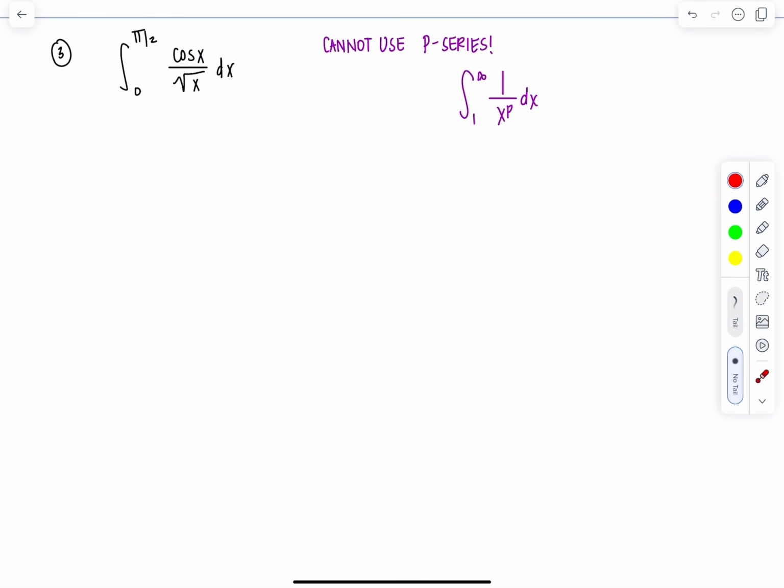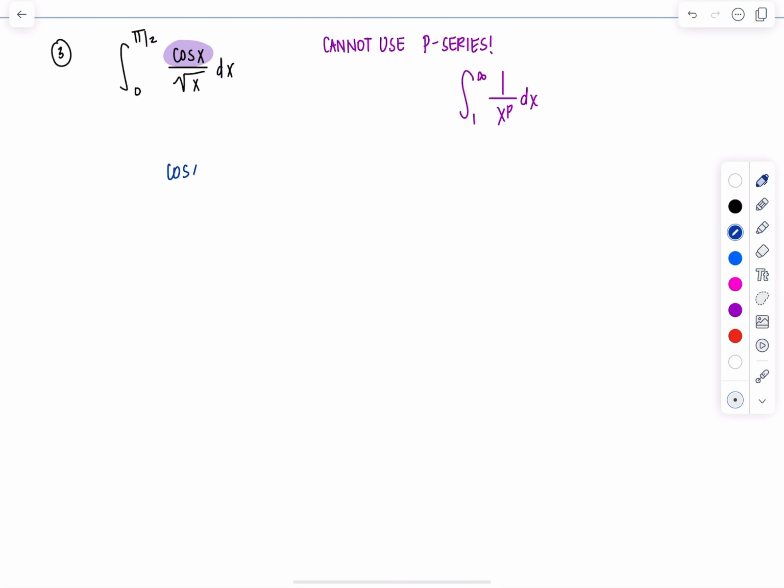Okay? I don't really have a strong inkling one way or another. I just know, generally speaking, because cosine of x is bounded, it doesn't really affect the way a function grows or shrinks all that much, the way other variable terms do. So I'm inclined to say it might converge. Let's see.